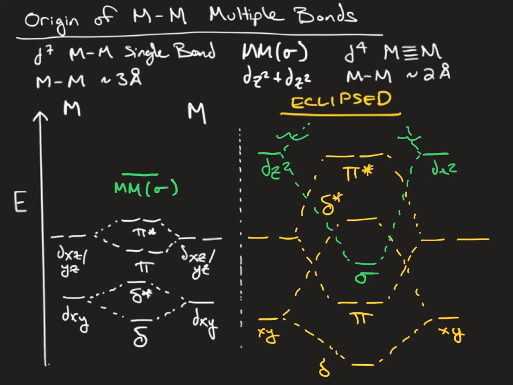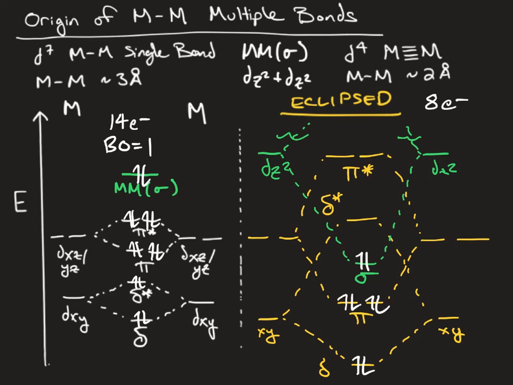As we already stated, with the 14 d electrons available, you have this, and the corresponding bond order equals 1. Over here with the d4, you have 8 d electrons. 1, 2, 3, 4, 5, 6, 7, 8.